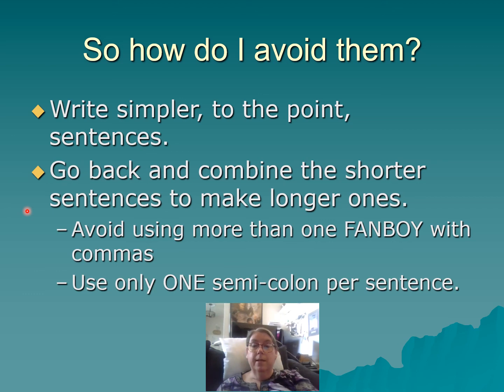So sometimes it's easier to write several short sentences and then go back and make a decision, can or should I combine them together? Again, avoid using more than one fanboy with commas when you're combining. You can use one, but then you have to resort to a semicolon. But you only should use one semicolon per sentence. So then you can use two sentences, add two more sentences with a fanboy.